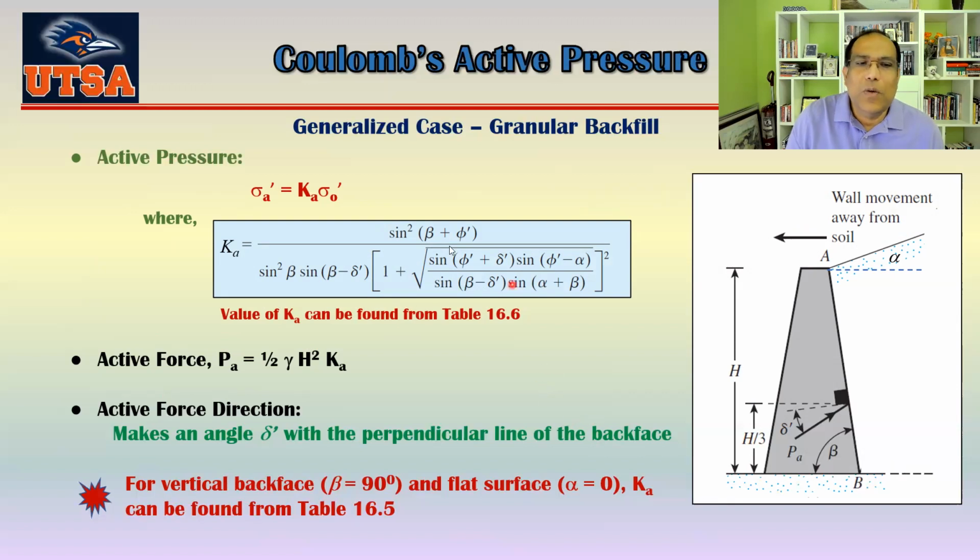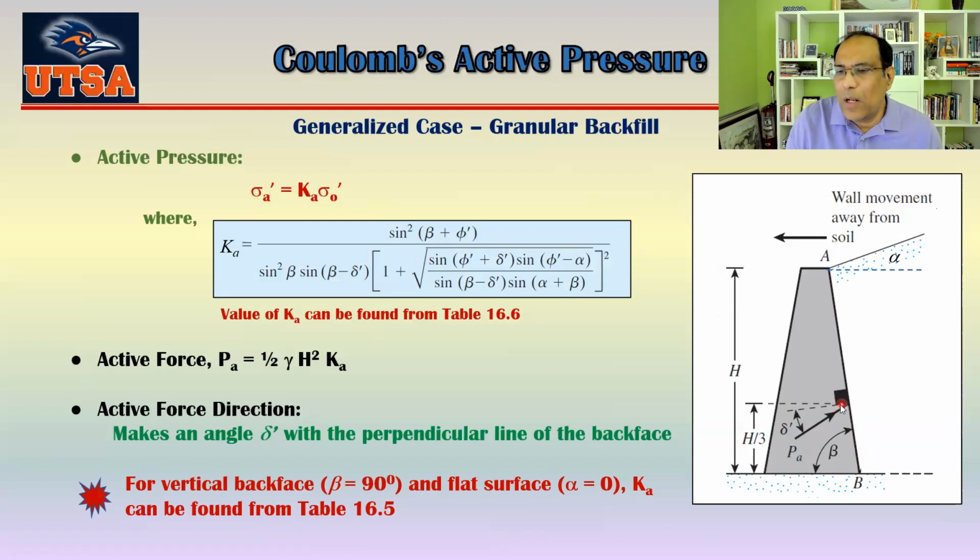Once you get your active pressure, you can find your active force, which is equal to half into gamma h squared Ka. And what about the direction of the active force? It makes an angle delta prime with the perpendicular line to the back face. That's common for all Coulomb's methods. Look at this back face here.